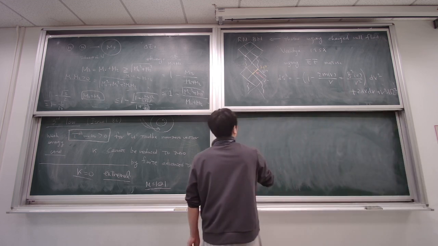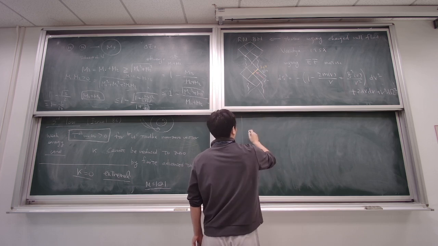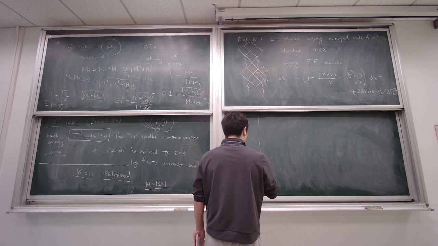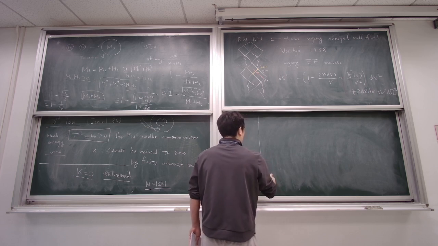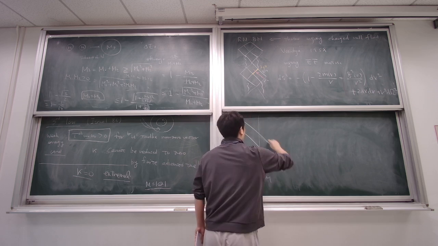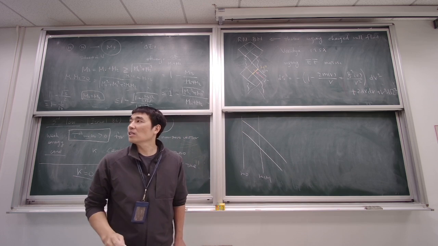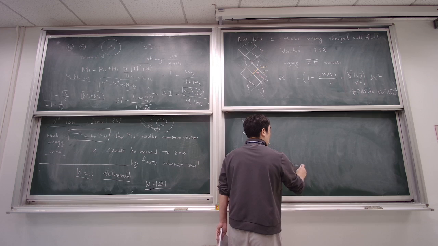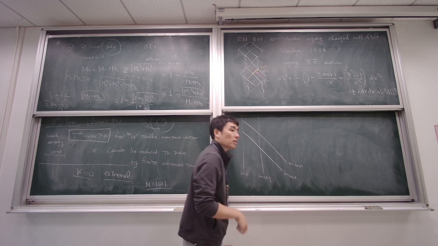So what was the Einstein? So this is r equal to 0. So this is r equal to 2m. Eddington-Finkelstein ingoing is always like this one, right? This is v's constant surface, right? v is constant, right? Yes.